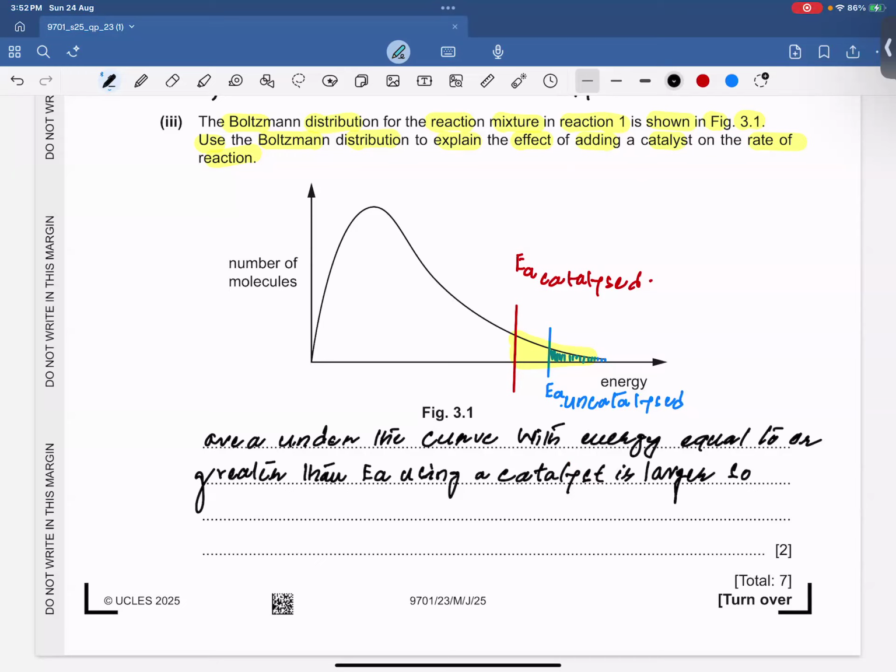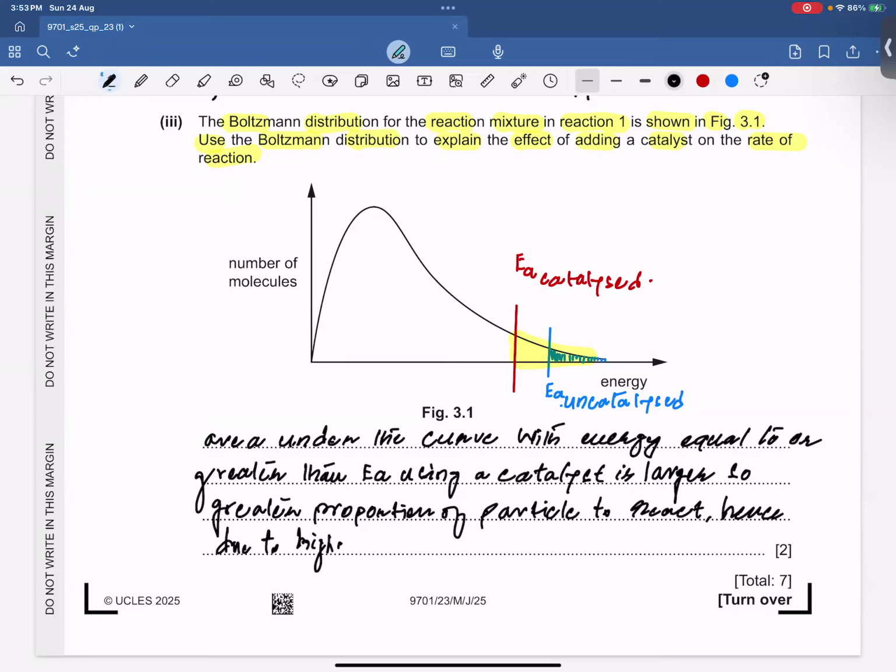So a greater proportion of particles react, hence the rate of reaction increases. Hence, due to higher collision frequency, the rate of reaction increases.